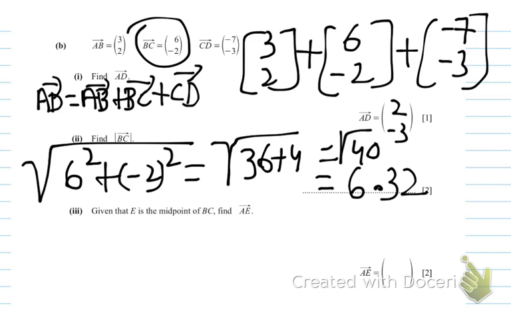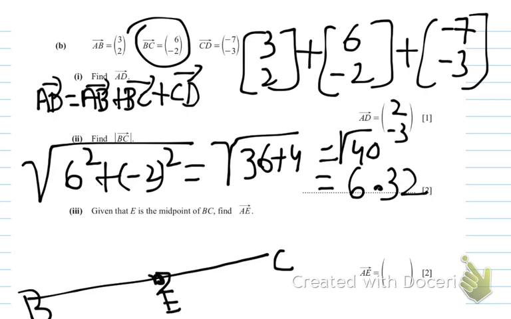Given that E is the midpoint of BC, find AE vector. First, just make it easier for yourself: draw a small diagram of vector BC, and E is the midpoint. So BE vector is equal to EC vector. You can also say that BE vector is 1 over 2 multiplied by BC.